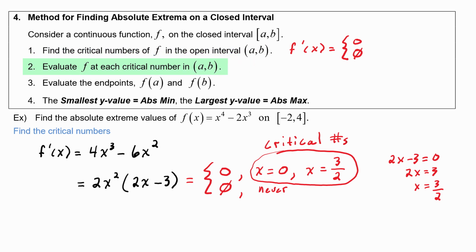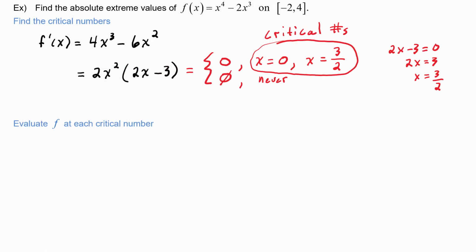Now step 2 says evaluate f at each critical number. So when we evaluate f at each critical number, that means we need to do f of 0. That's always our favorite number to plug in. Remember, we're plugging into the function, not the derivative here.